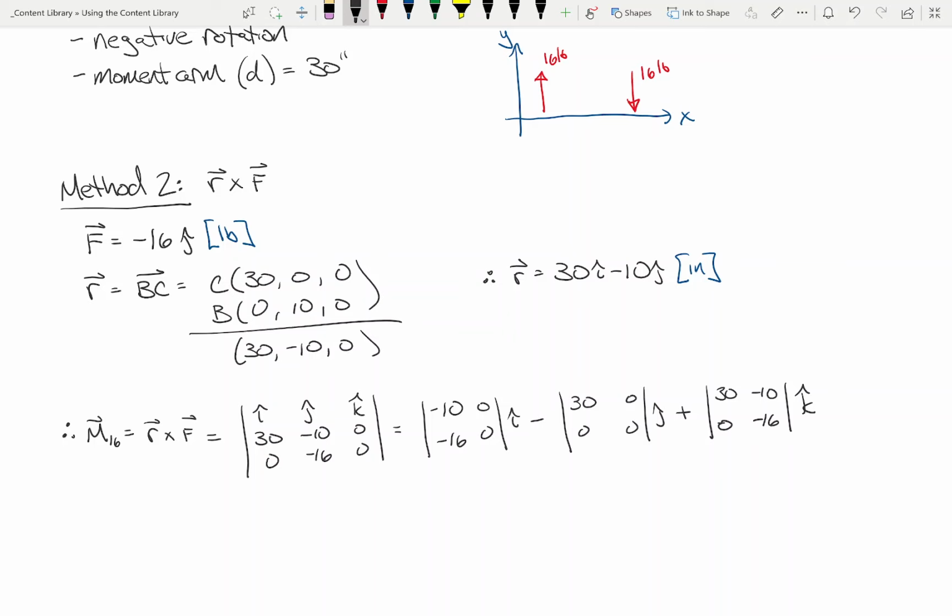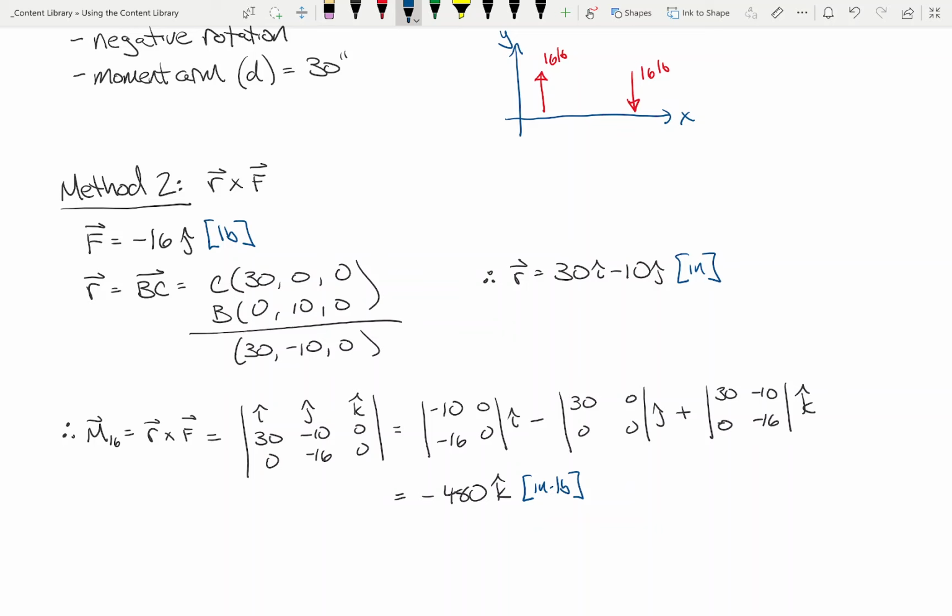What are we going to get here? About here. And then negative 480 minus 0. So we can do it this way or by looking at it, and we will get the same answer.